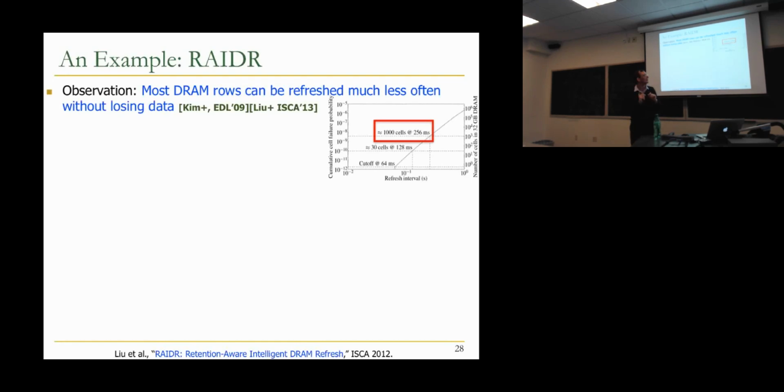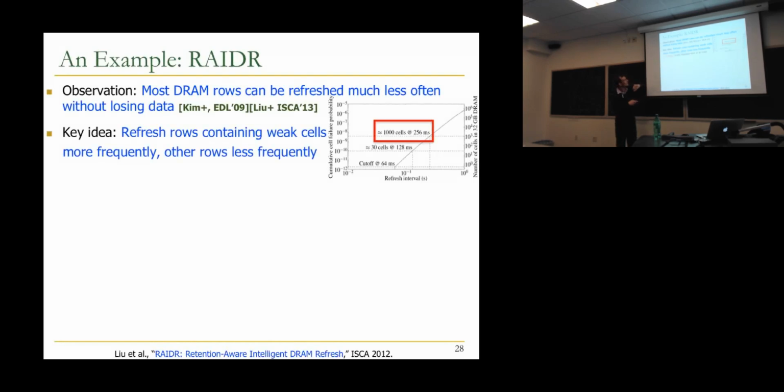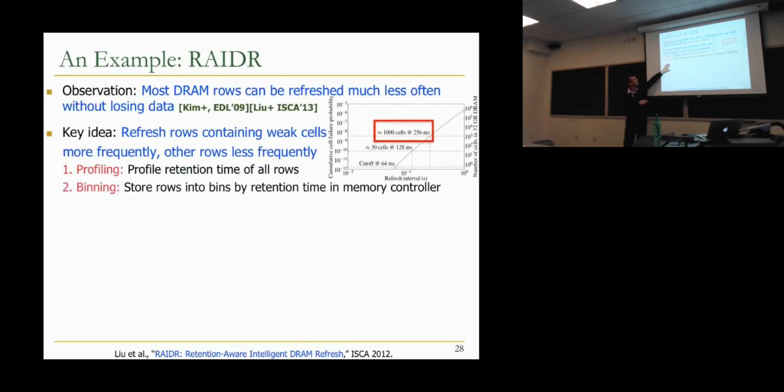So the key idea is to refresh rows containing weak cells more frequently, other rows less frequently. To be able to do that, you need to profile the retention time of all rows. You need to store the rows into bins by retention time in the memory controller somehow. And you can do efficient storage with Bloom filters.